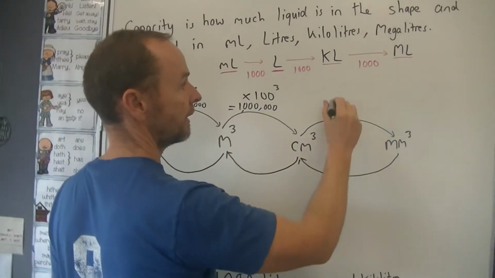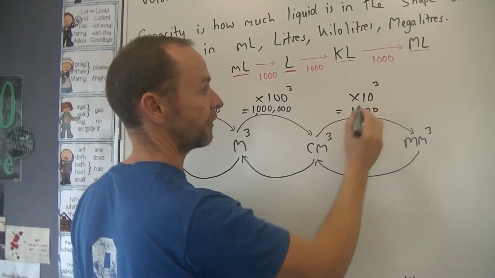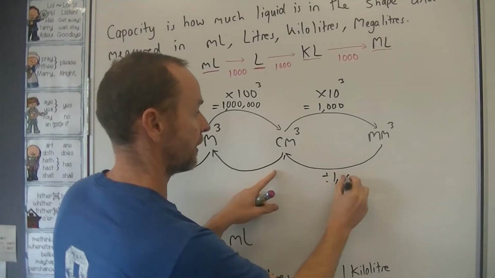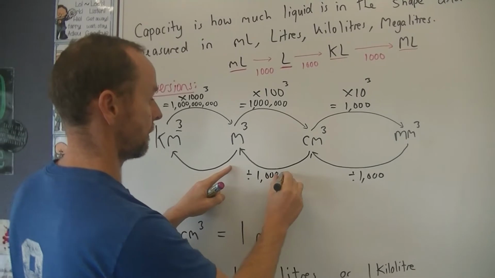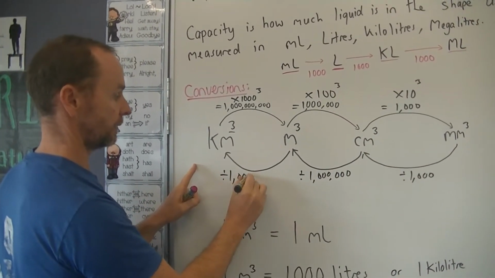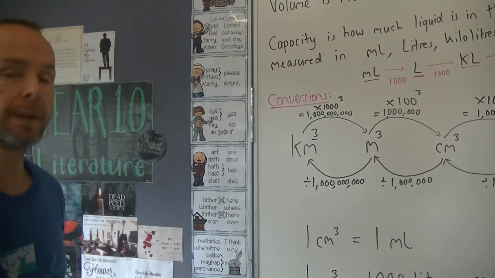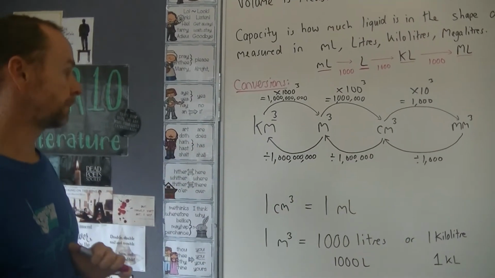And this time, instead of timesing it by 10, you times it by 10 cubed, which is 1,000. On the way back, it's exactly the same, but in opposite. So divide by 1,000, divide by 1 million, and this one is divide by 1 billion. You should be able to work that out again from our original one, just with length.